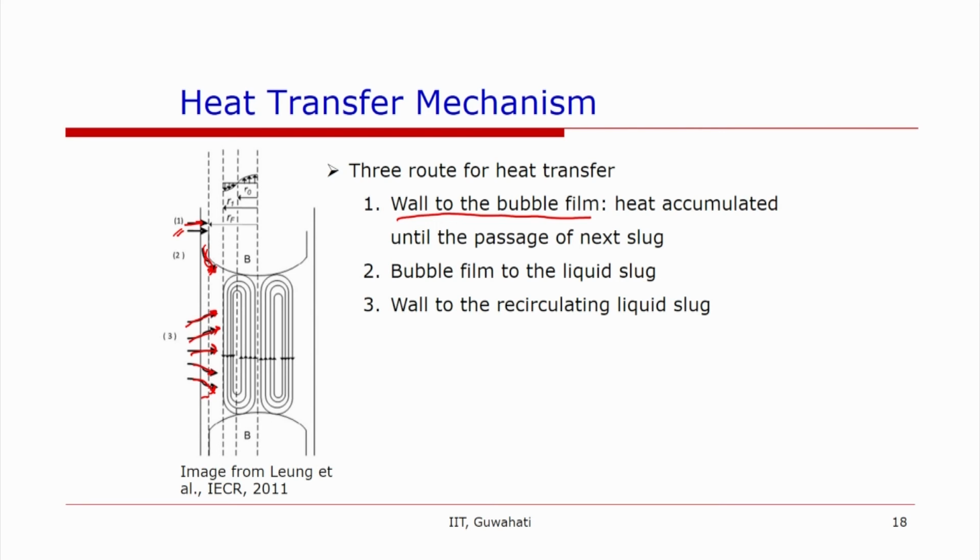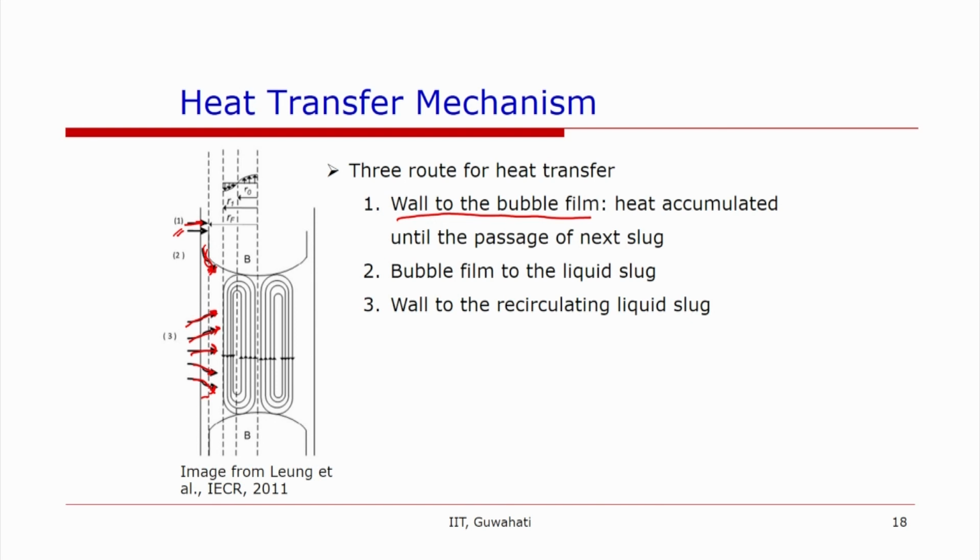One needs to remember the general picture: the heat enters in the film, but if it is gas liquid flow, the bubbles do not carry much of the heat, and this heat is taken over by the liquid slug which comes behind. If it is a liquid liquid flow, then this heat will be redistributed between the two phases. Okay.